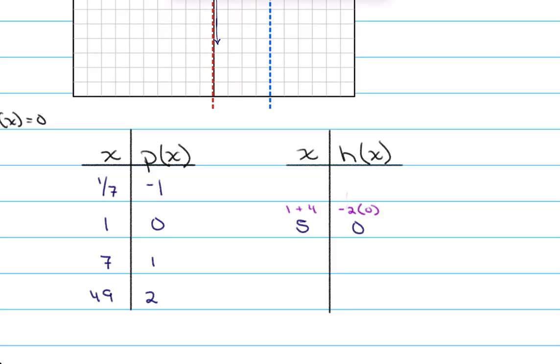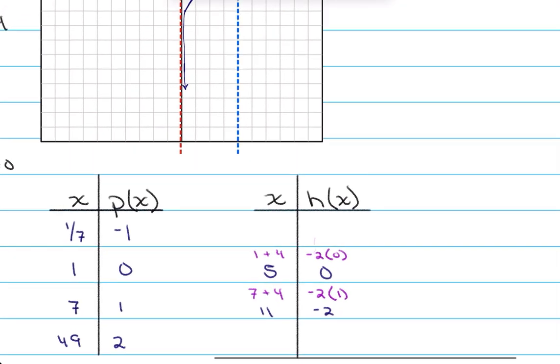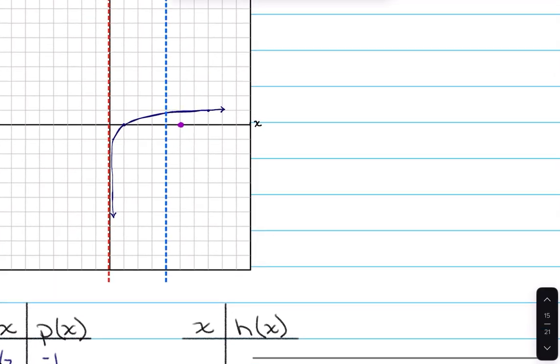So I'm going to take 7, and then I'm going to add 4 to it. So I shift it 4 units to the right. That will give me 11. And then my 1, I am going to reflect and stretch by 2. So that ends up being -2 times that 1, which is -2. So I am going to plot that point 11, -2.